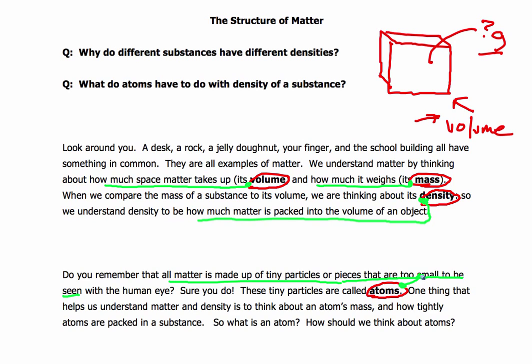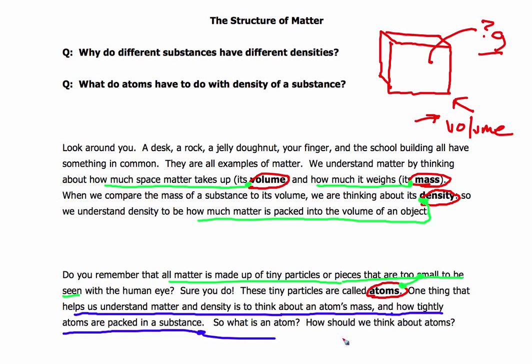And then there is an important statement that we want to make sure that we remember and use here, so we're going to mark this in blue. That statement is this one right here: it helps us to understand matter and density by thinking about an atom's mass and how tightly atoms are packed into a substance.